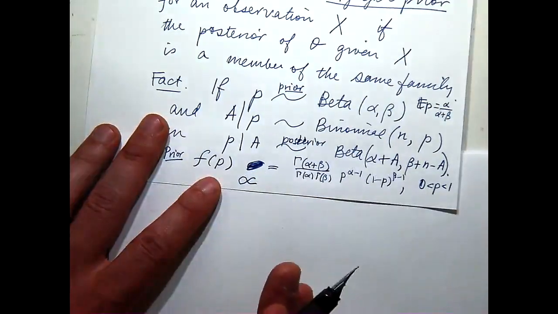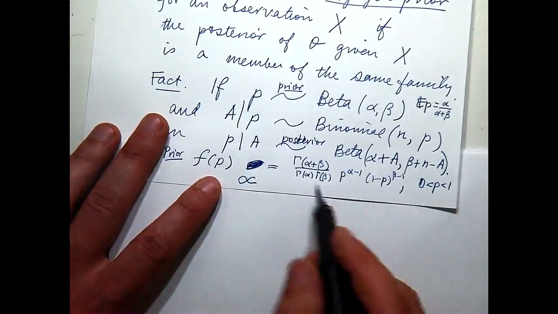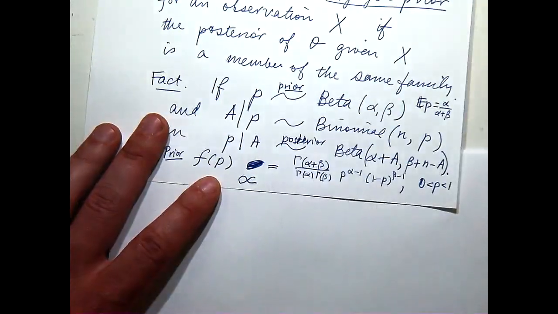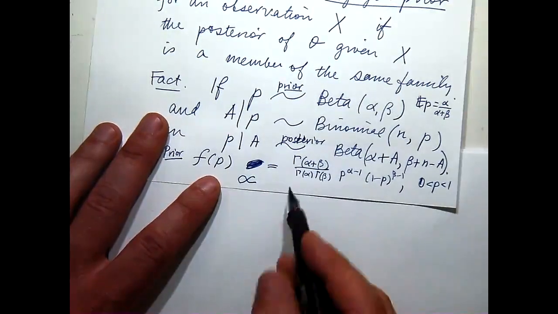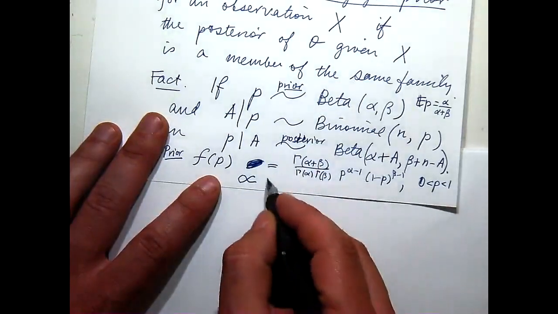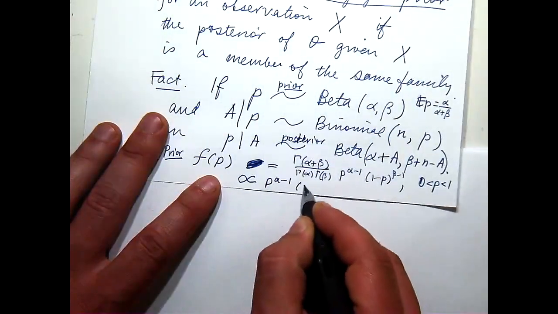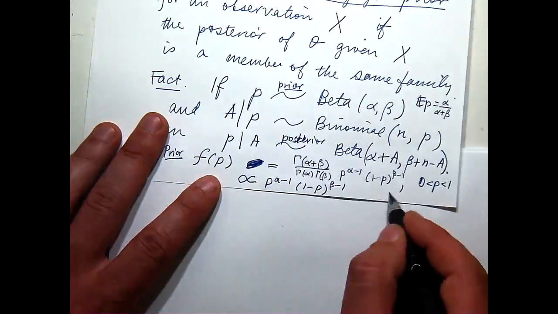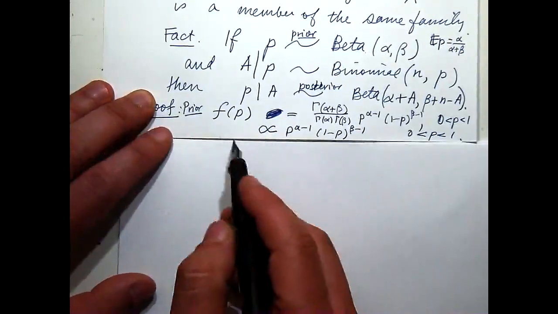It'll make everyone a lot happier, especially on the exam. So let's just use this proportional to symbol. Everyone's seen it in physics and stuff, no doubt. It just means we'll figure out the constant later, it doesn't matter for now. So proportional to p to the power alpha minus 1, 1 minus p to the power beta minus 1, 0 less than p less than 1. Okay, so it's enough to have the prior proportional to that.